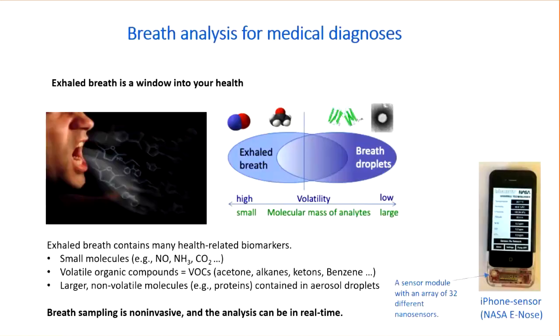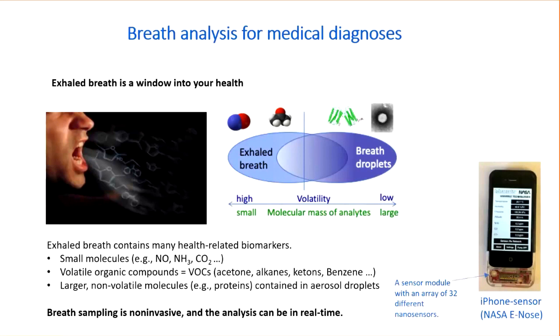Exhaled breath is a window into your health. There are different sizes of molecules in exhaled breath. Small molecules like nitric oxide, ammonia, and carbon dioxide can be biomarkers for certain medical conditions.